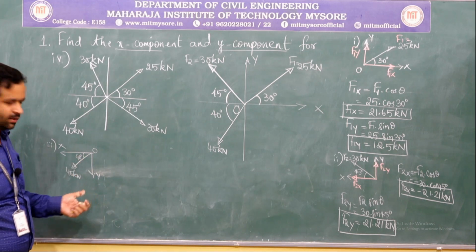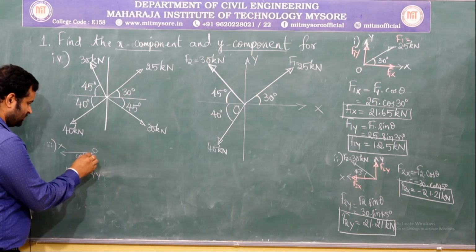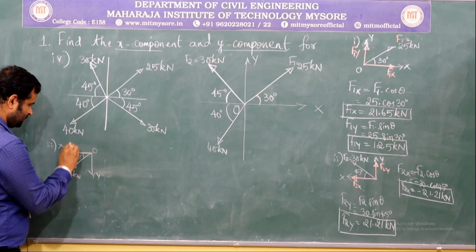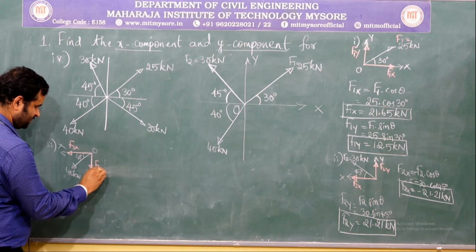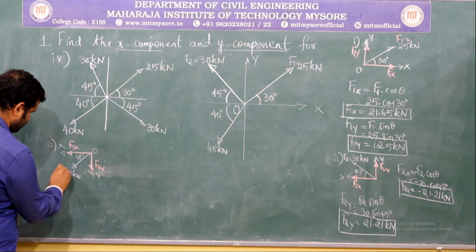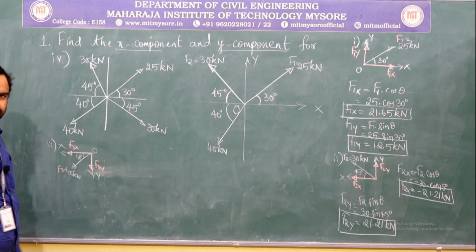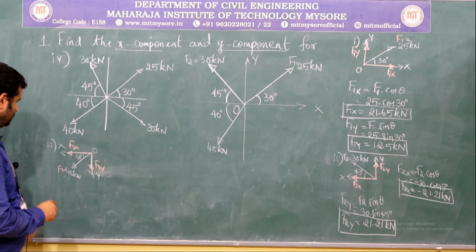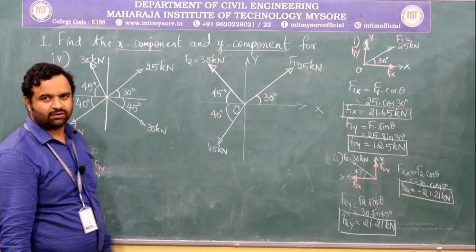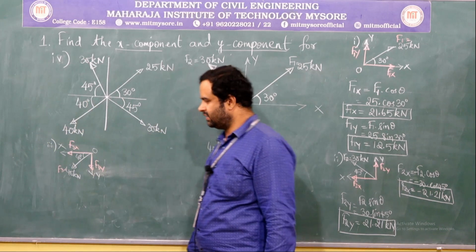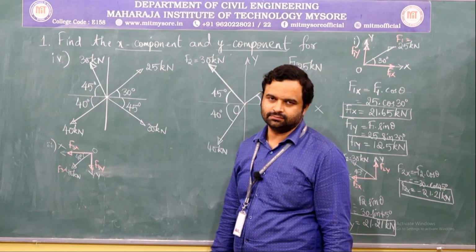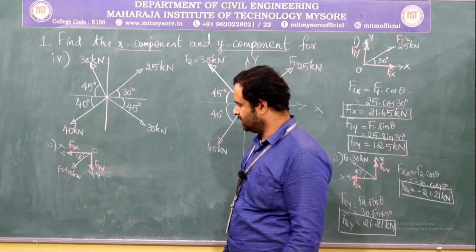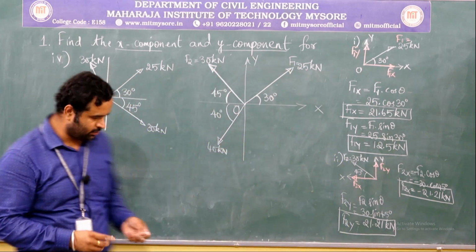Since it is in the third quadrant, we can resolve this as F3x, F3y, and this will be the third force F3. So the sign convention in third quadrant is both x and y are negative, and correspondingly the arrow direction is written.